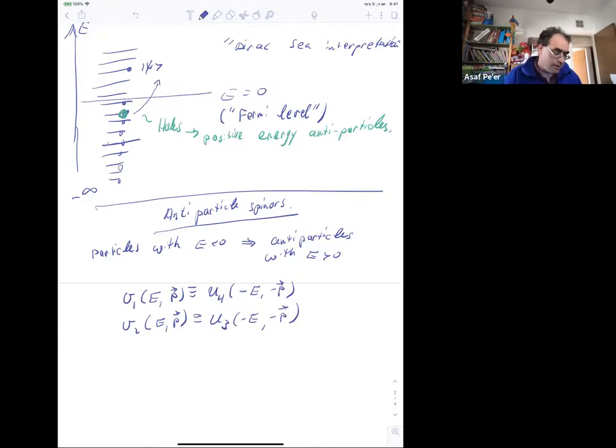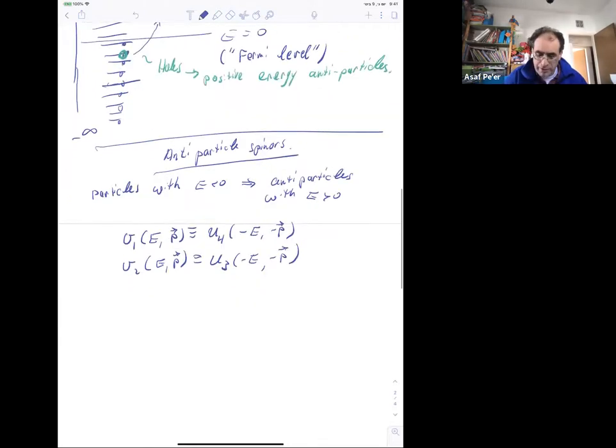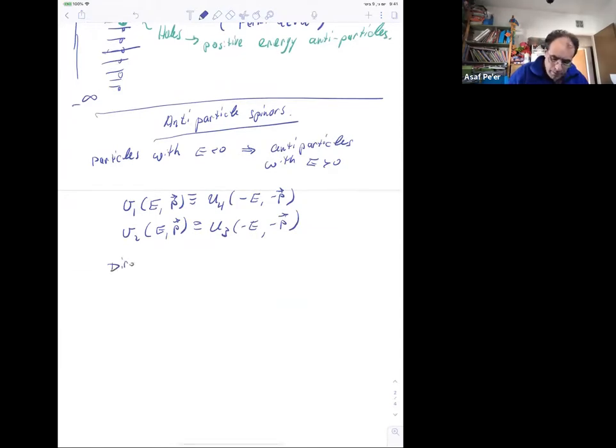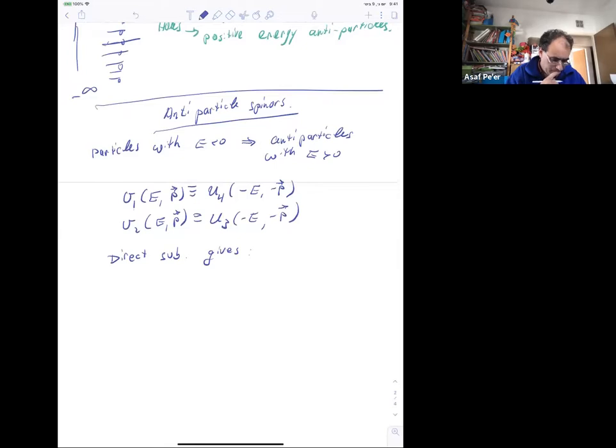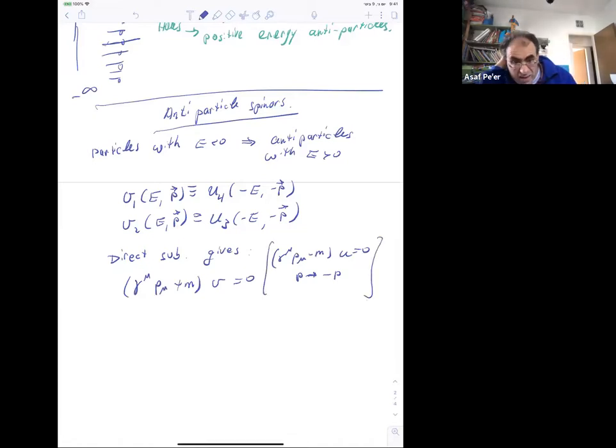Now we can simply do direct substitution in Dirac's equation, and we get the Dirac equation for the antiparticles. For the V spinor it would be gamma mu p mu plus m, V equal to 0. Of course, the plus is because the original Dirac equation was gamma mu p mu minus m, u equal to 0, but p goes to minus p. That's why we have the plus m here rather than the minus m.